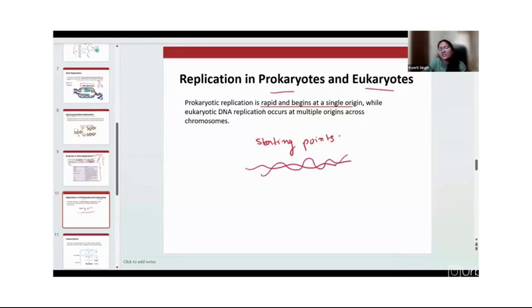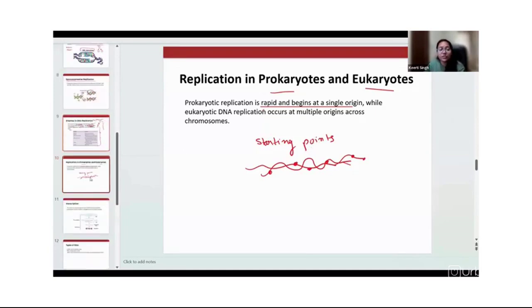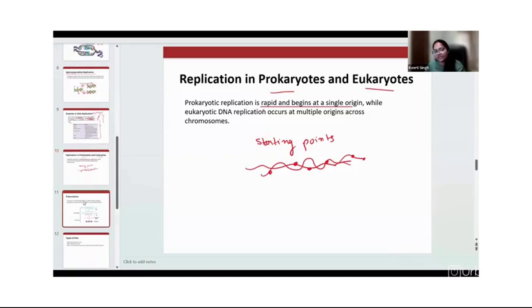See, this DNA is a very long strand of DNA. So at multiple points, there will be origins of replication from where the DNA will start replicating. So this is the basic difference between replication in eukaryotes and prokaryotes.